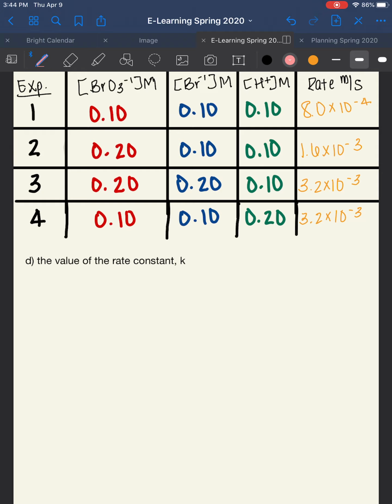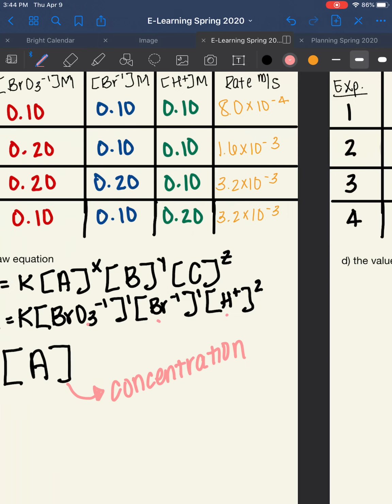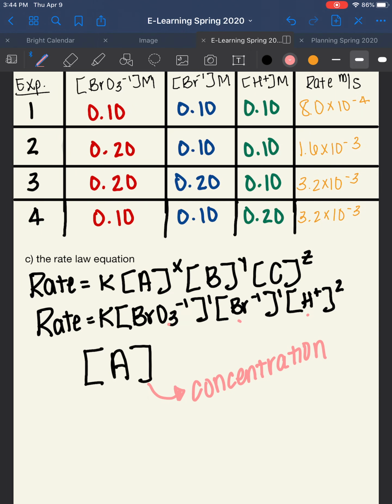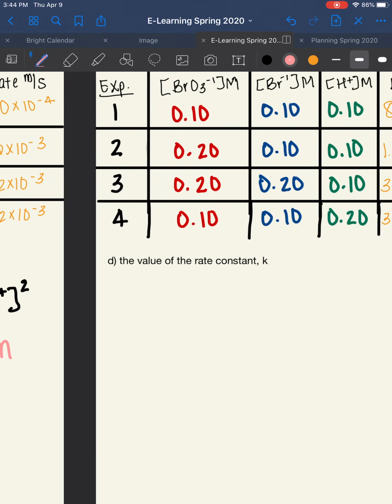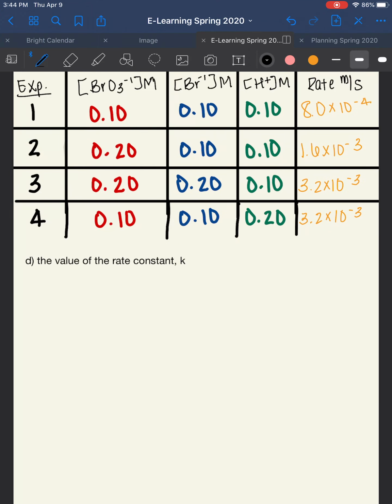Since we already have the rate law equation, in order to calculate for this K, we're going to replace all our other variables with values from our experimental data.